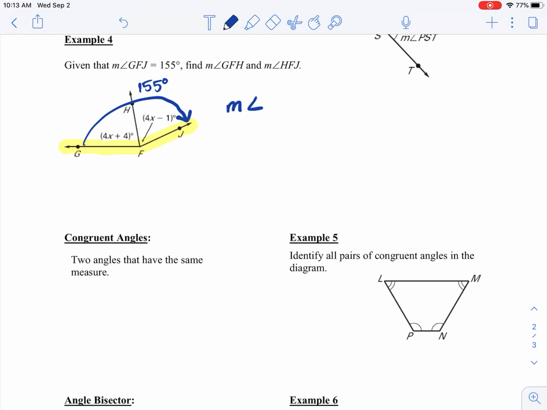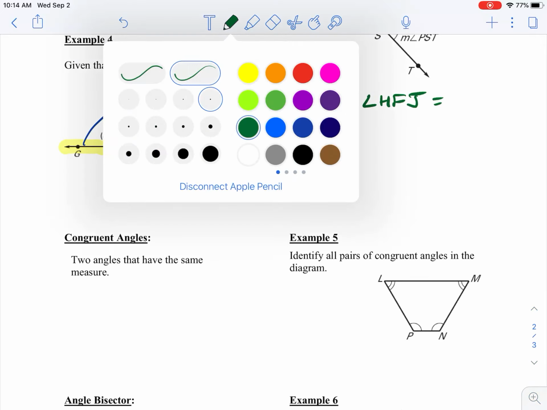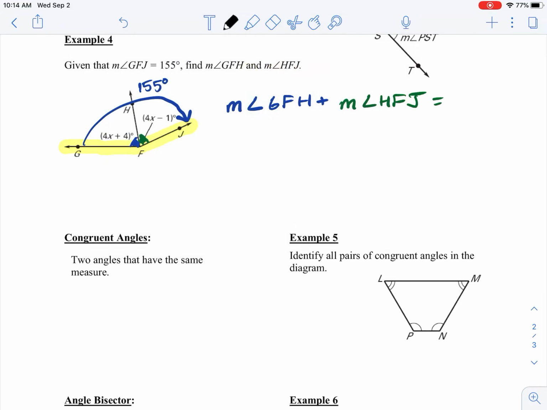So if I were to take the measure of angle GFH, which is this one right here, and add it to this angle here, the measure of angle HFJ, it should be equal to the entire big one, which is the measure of GFJ.